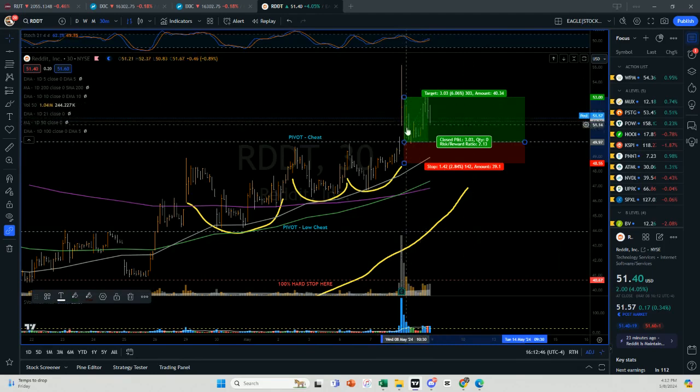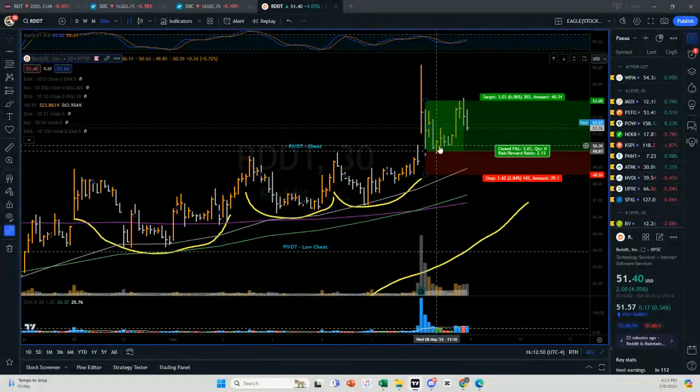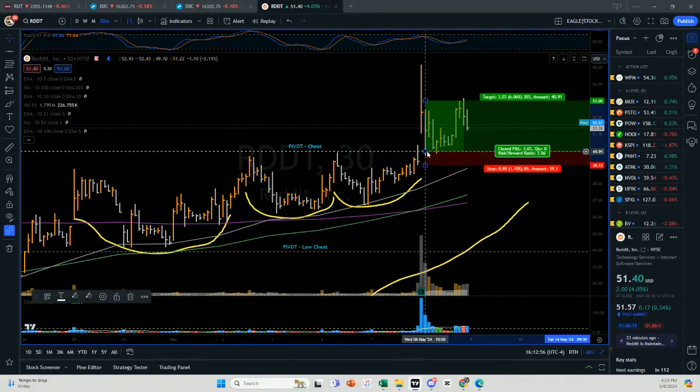Now, in this case, price did pull back to the pivot. But even here, maybe if you're aggressive, you're starting an entry as it's pulling back and setting a tight stop of 1.5%.